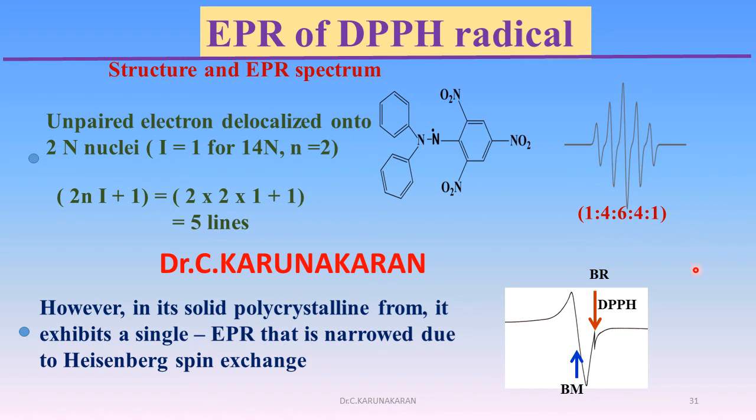It is very, very important, and this question was asked in CSIR or GATE. DPPH is a field marker. Since the G value for DPPH is 2.0023, it is known. Therefore, the G value for the copper complex, iron complex, or any free radical can be calculated using this as a reference compound.